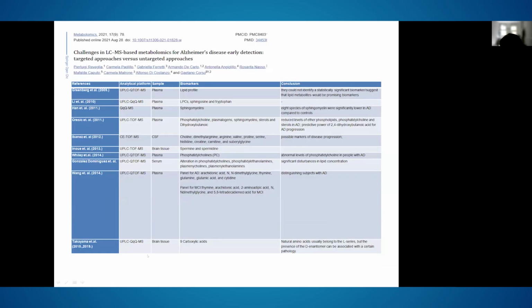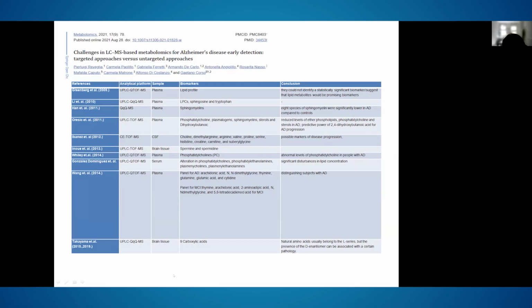Most studies use advanced mass spectrometry techniques to analyze metabolites in plasma, serum, cerebrospinal fluid, and brain tissue.